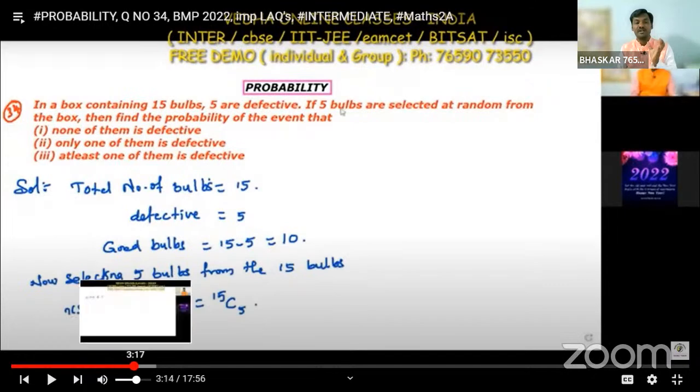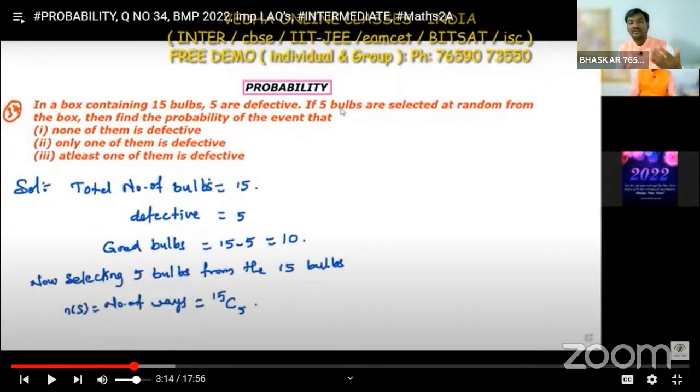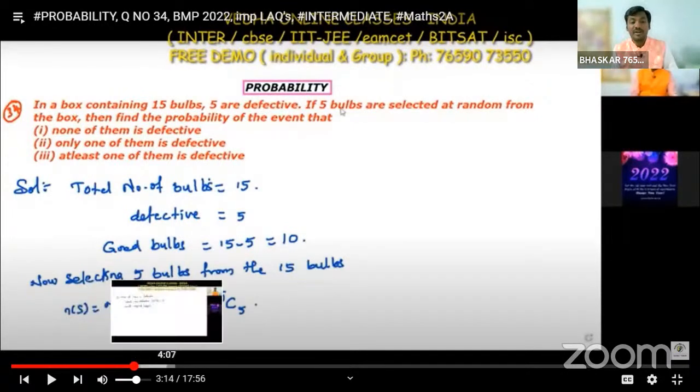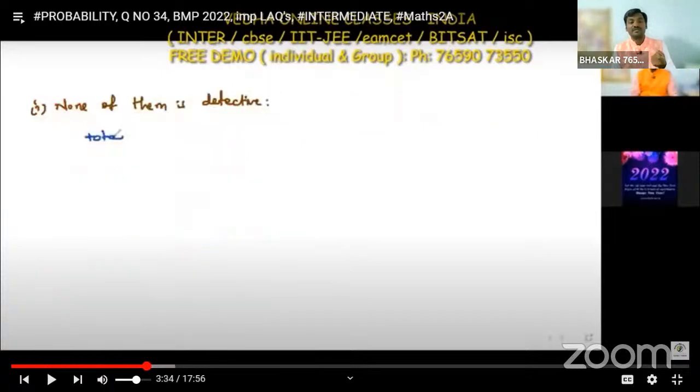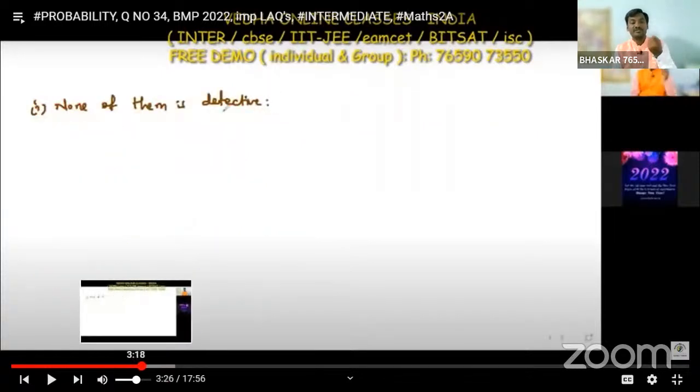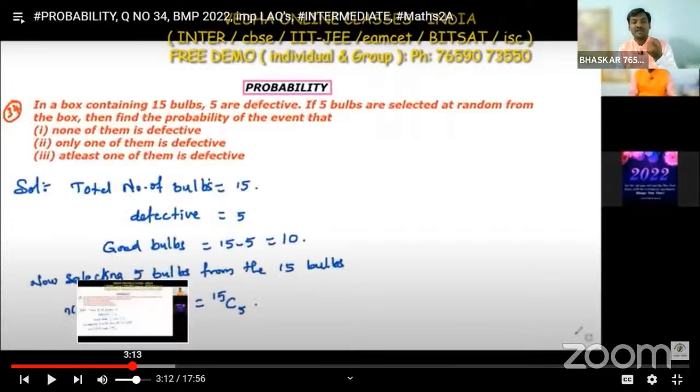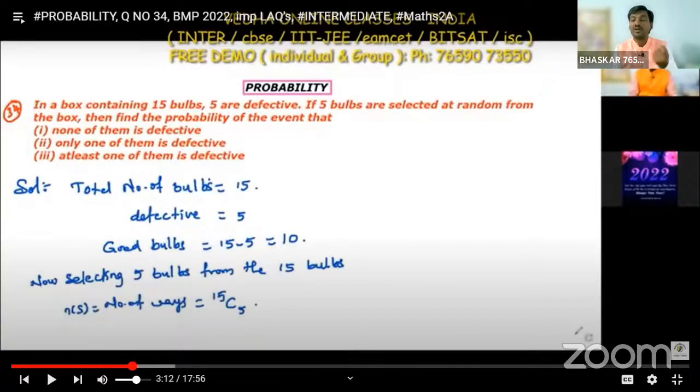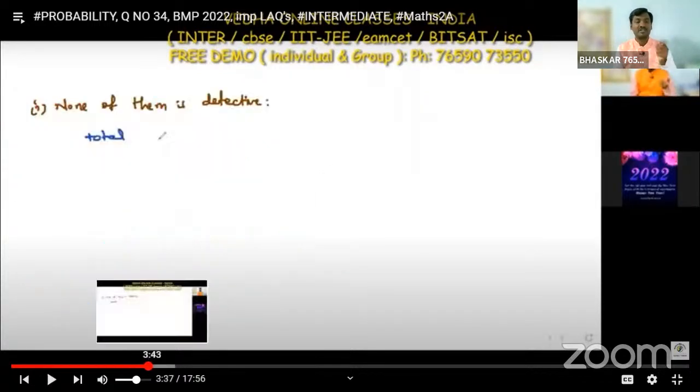Always remember, 15 bulbs are given and we need 5 bulbs, so 15C5 gives you the total number of ways.